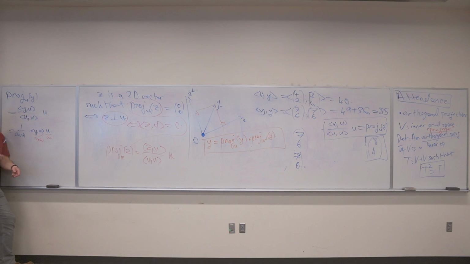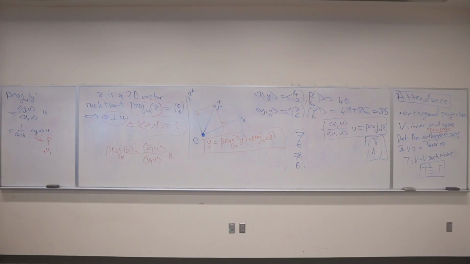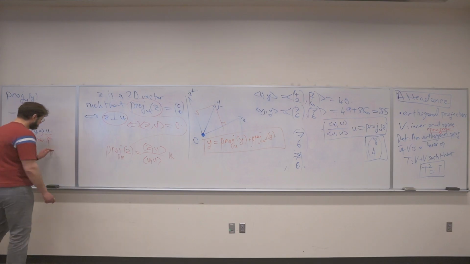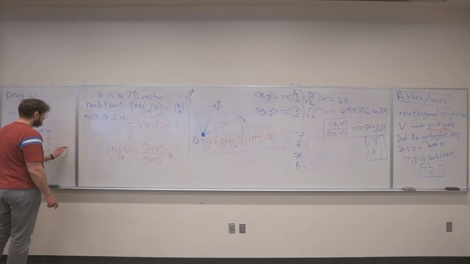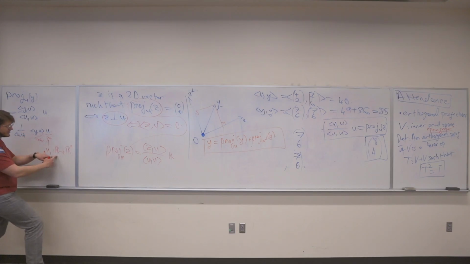Vectors being n by 1, n rows, one column, it's a column vector. I can think of it as a linear transformation from R1 to Rn. So thinking of U as a linear transformation from R1 to Rn, I can change the order of these. After all, this is a scalar. In other words, it's a one-dimensional vector.